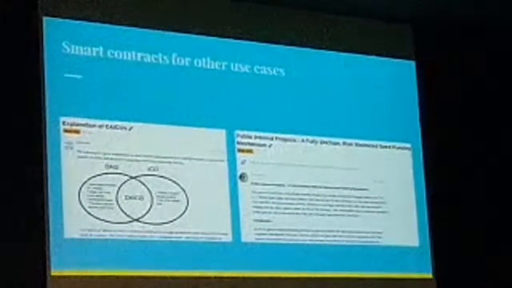In an ICO, you get money, you get more money, you get even more money, and maybe you work. So the goal of a DAICO is to try to combine elements of decentralization into an ICO and fix this misalignment.